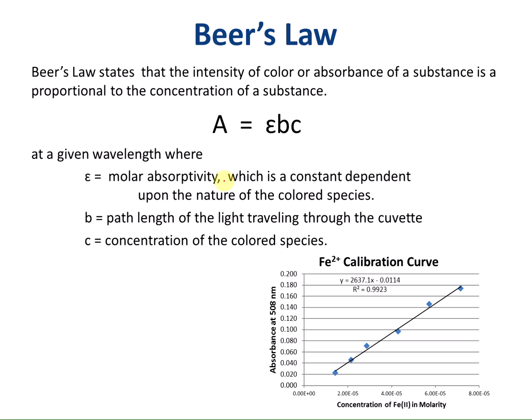This is a constant that depends upon the nature of the colored species. b is the path length of light traveling through the cuvette. And c is the concentration of the colored species. So epsilon is just a constant related to the particular compound, and b is the path length of light that goes through it.